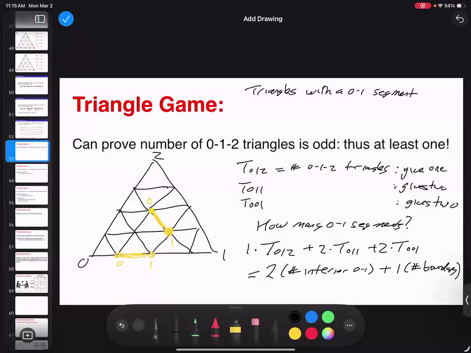Can somebody tell me what kind of number 2 times an integer is? Even. What do we know about the number of 0, 1 segments on the boundary? It has to be odd.